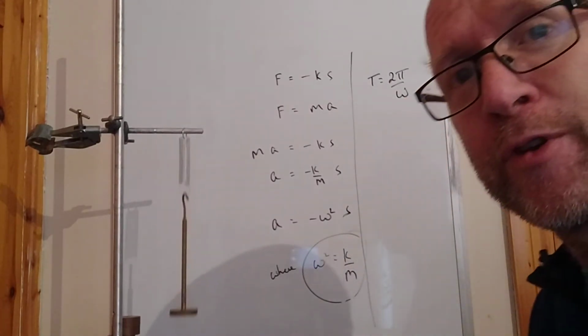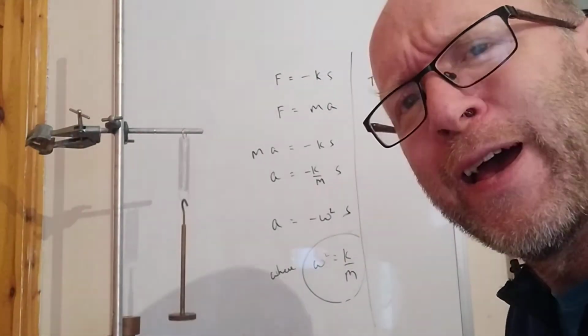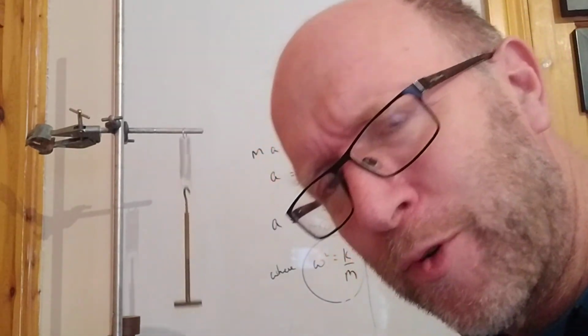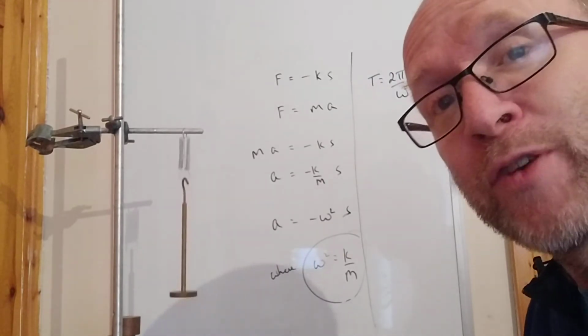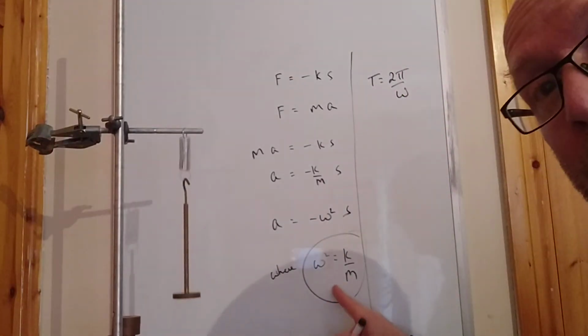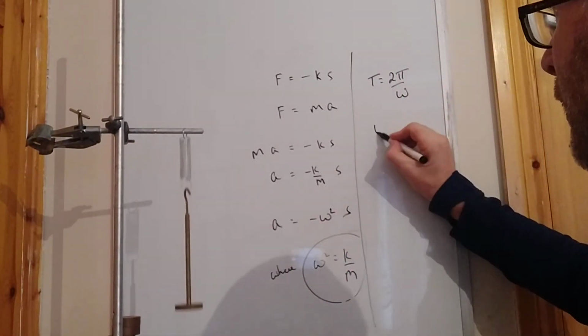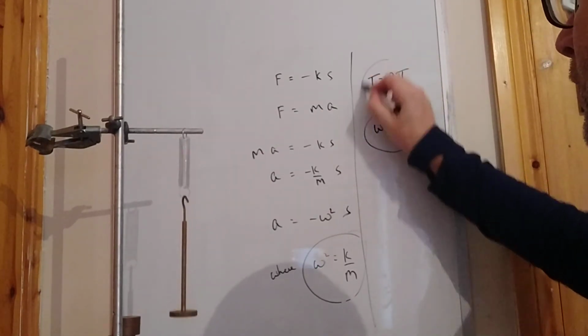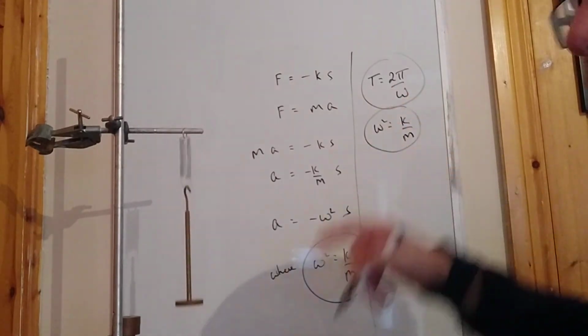It's the periodic time for circular motion where omega is angular velocity, and it is the correct formula for periodic time for simple harmonic motion where omega is a constant, but omega squared is equal to K over M. So from that you're in business.